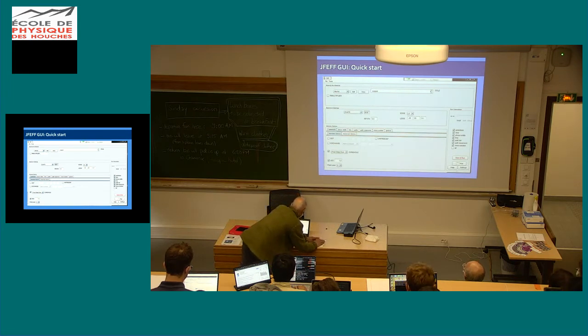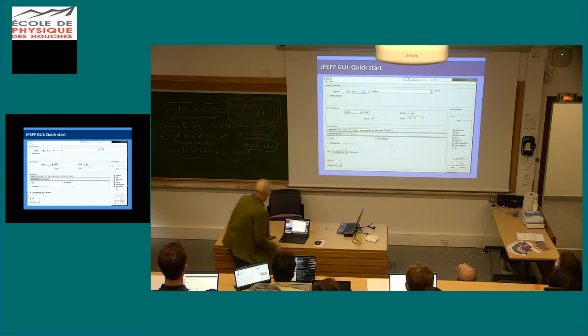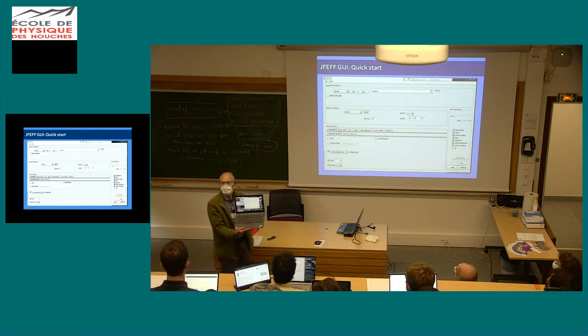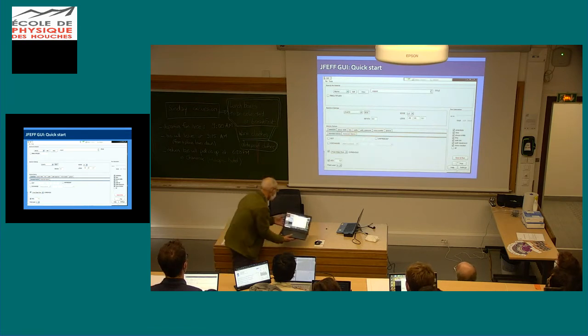Copper is our guinea pig. And we do have a little JMOL viewer, so you can see the structure and move it around.